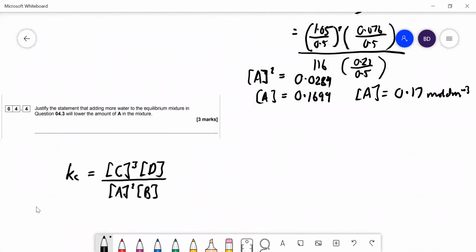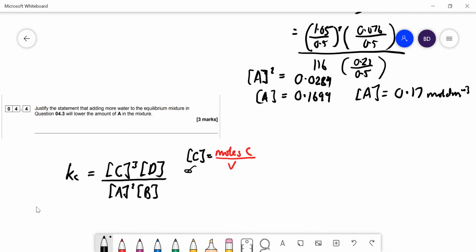And what we're going to say is, the concentration of each of these things is equal to the moles of C divided by the volume. So that's the concentration of C. Okay, so what I'm going to do is substitute all those into that expression. So get rid of all the concentration terms and make them moles instead.